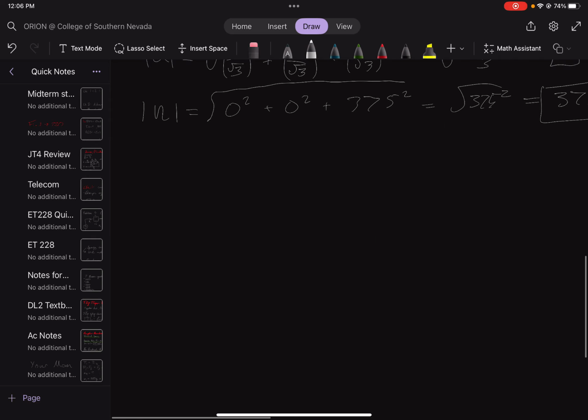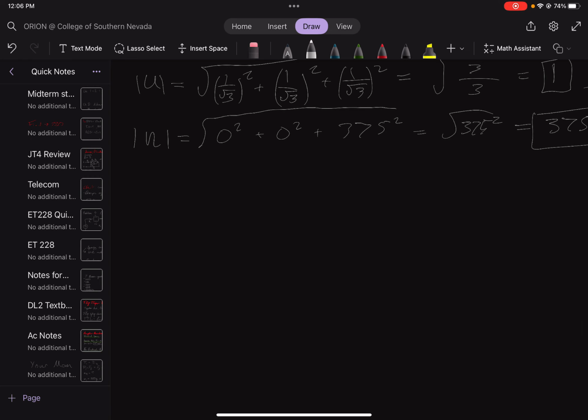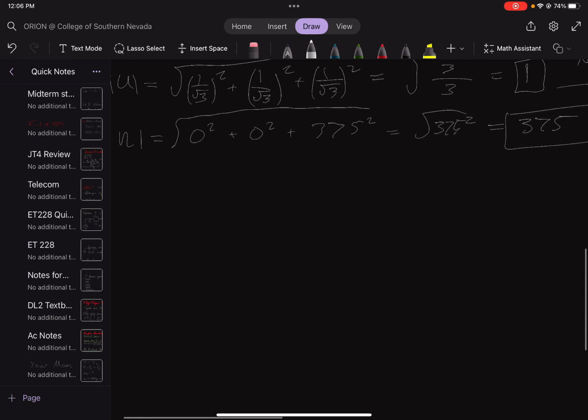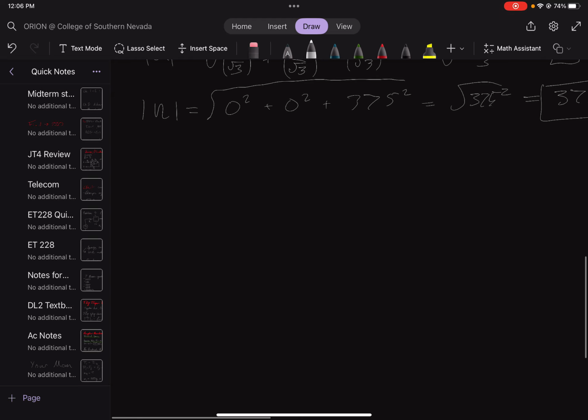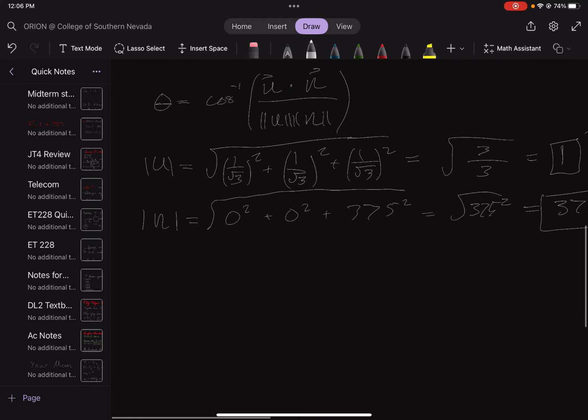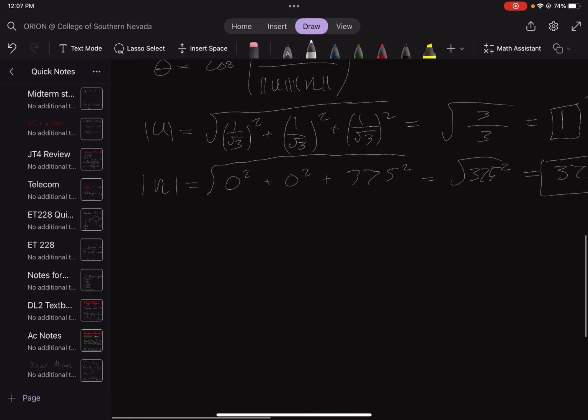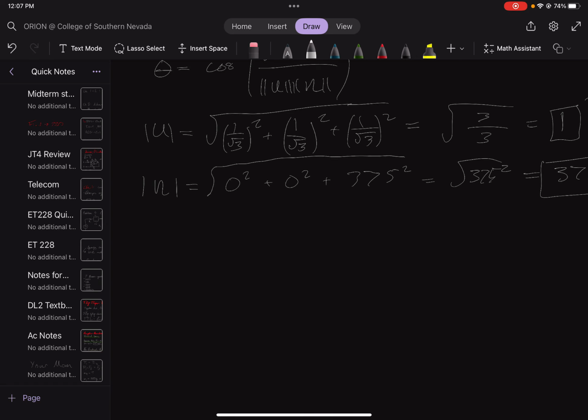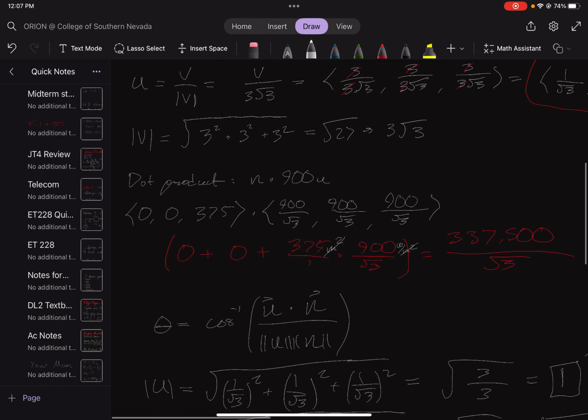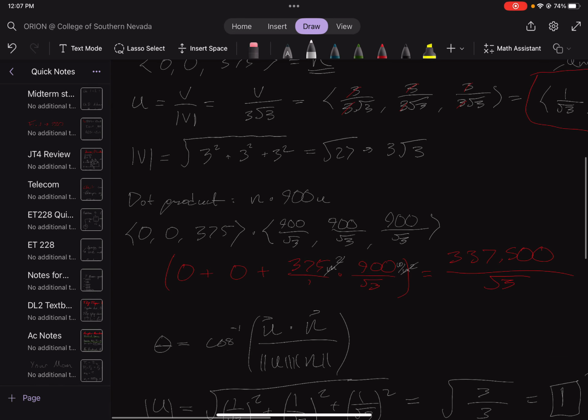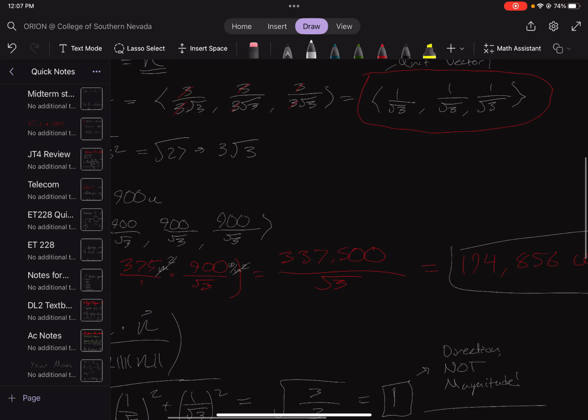So now that we have those two, we can go right ahead and just do our formula. So we can go ahead and do the dot product between u and n as well. Let's do that. So the dot product between u and n. So that's going to equal, I have to look back to figure this out. Yep. So yeah.